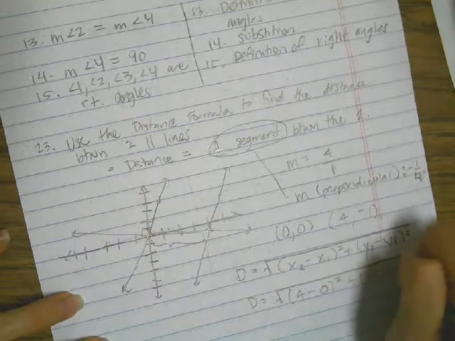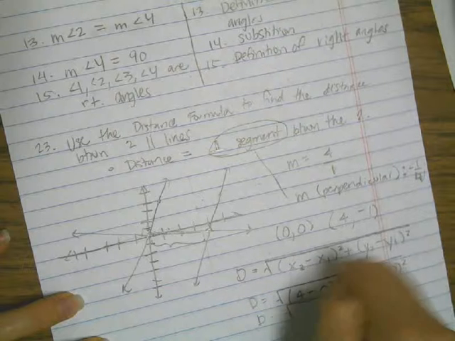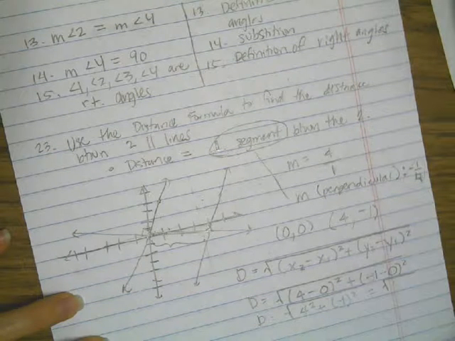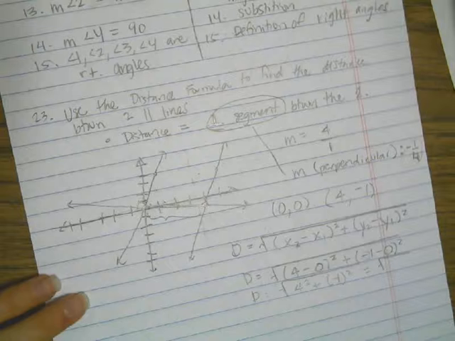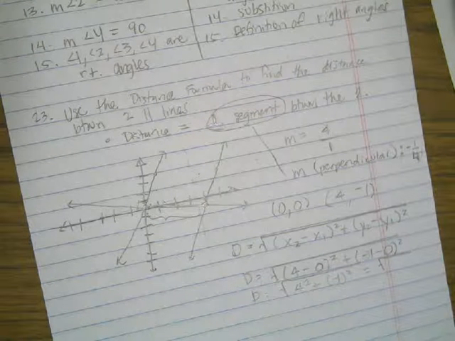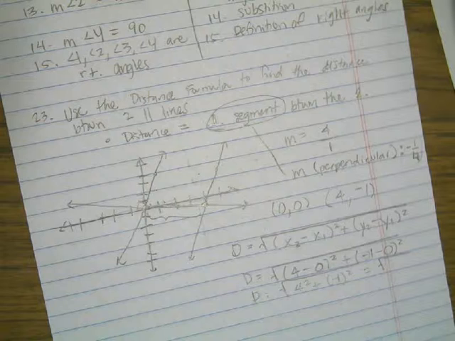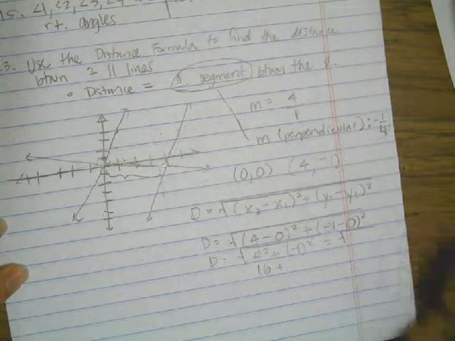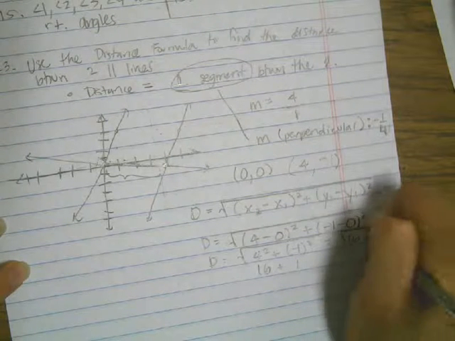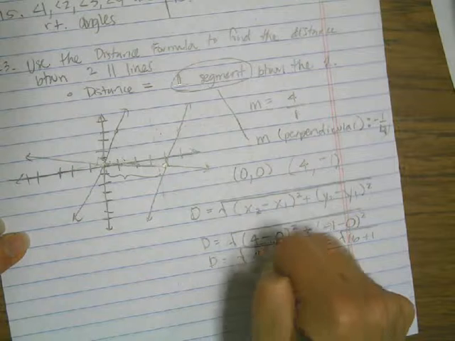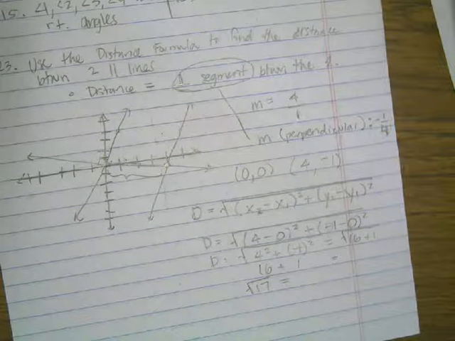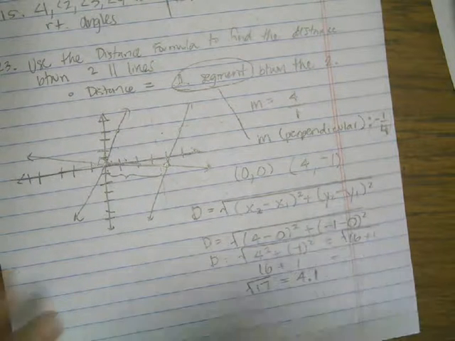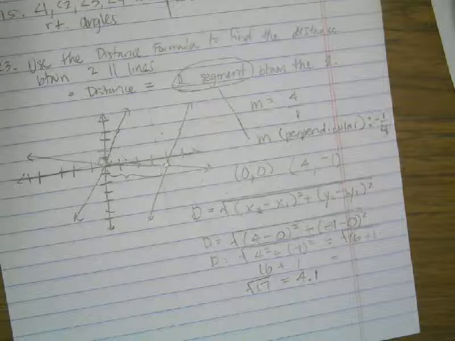And I get 4 squared plus negative 1 squared, which gives me the square root of what? What's 4 squared, guys? 16. What's 1 squared? 1. So I have 16 plus 1, which is what? 17. Okay, so I have the square root of 17. And when I figure that out on my calculator, it gives me 4.1. So the distance between the two is 4.1.